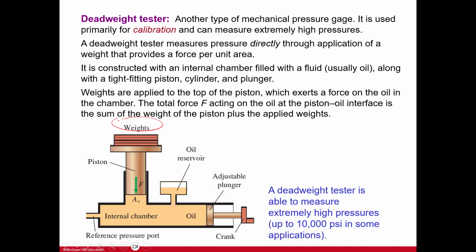Weights are applied to the top of the piston, which exerts a force on the oil in the chamber. The total force, F, acting on the oil at the piston oil interface is the sum of the weight of the piston plus the applied weights. So you're adding not just all of this, but also the weights, right?